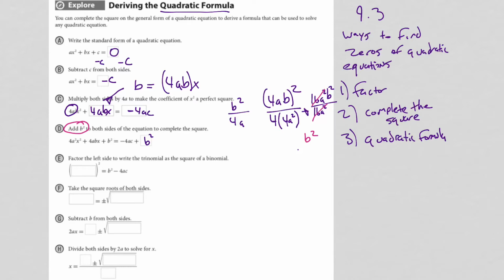So they completed the square actually, and this is how they've begun to derive the quadratic formula. And then that makes this part the perfect square trinomial.